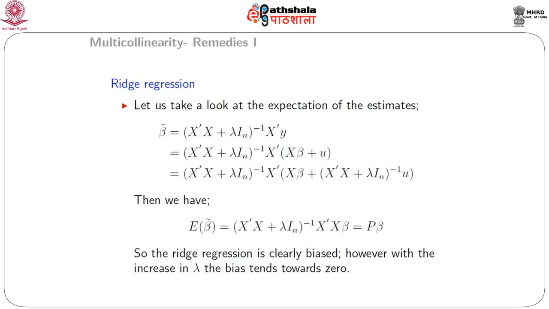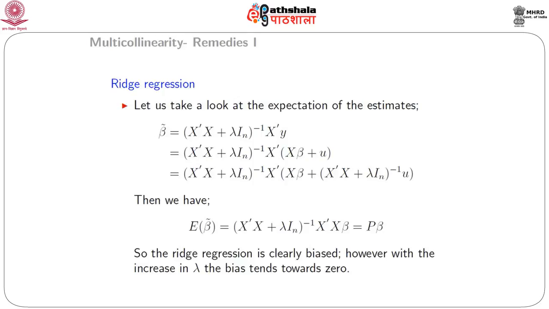So this expression of the expectation of beta tilde can be written as P times beta, where P is (X prime X plus lambda I) whole inverse X prime X. So the ridge regression is clearly biased. However, with the increase in lambda, the bias tends to 0, because we can see that the first part of the expression, X prime X plus lambda I, is taken in the inverse form.